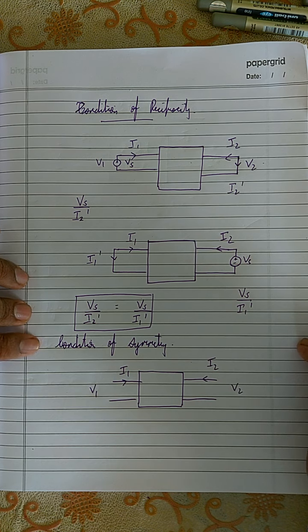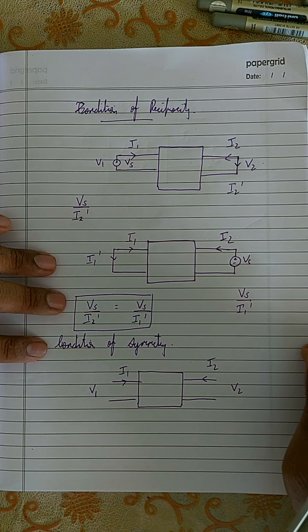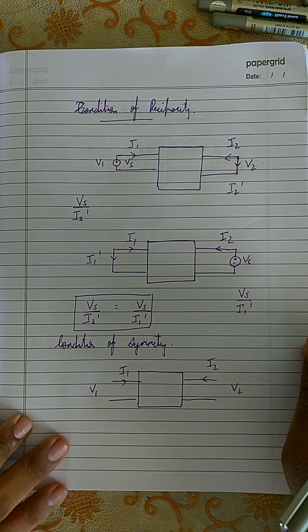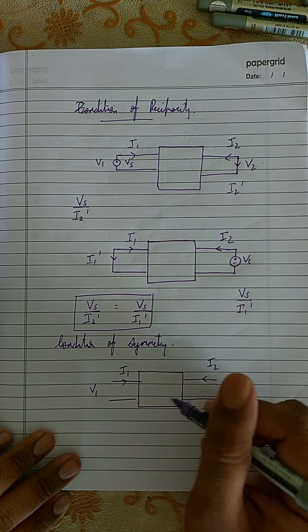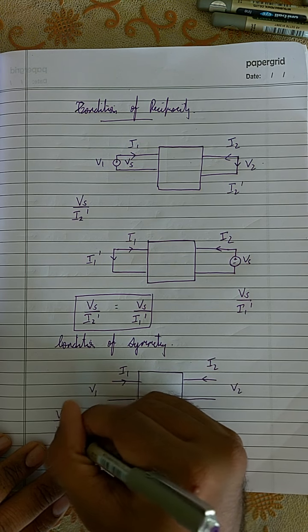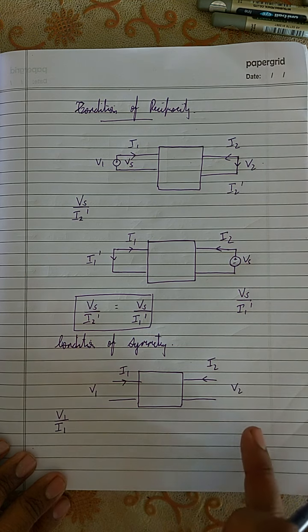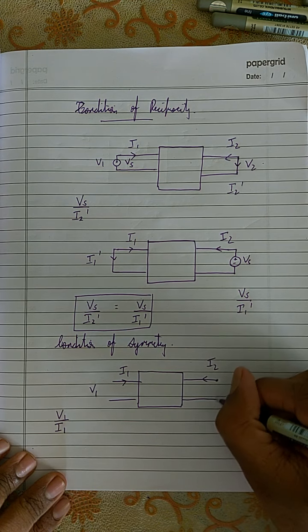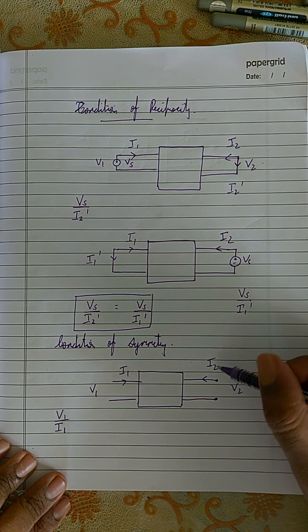Now how to check whether the network is symmetrical or not: what I'm doing is that I will find the voltage to current ratio of one port by keeping the other port open. Now, open means the value of the current at that port will become zero.